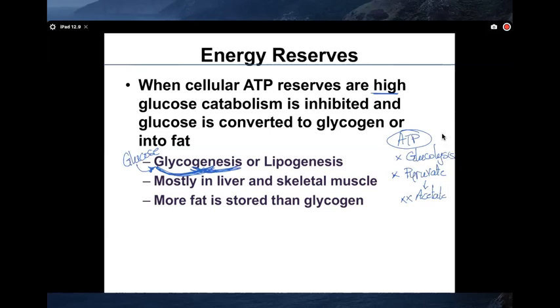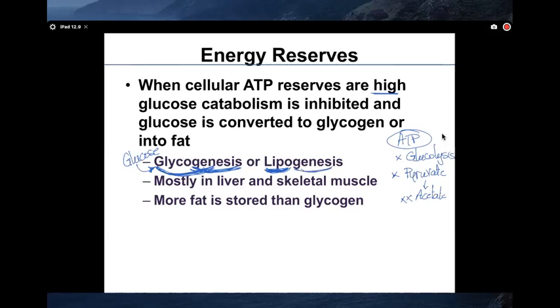Also, your body tends to store the extra energy in the form of fat, triglycerides, inside your adipose tissue cells. We call this process lipogenesis, the creation or formation of lipids, fat.